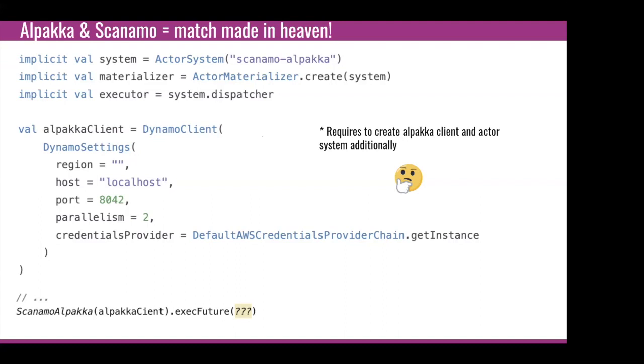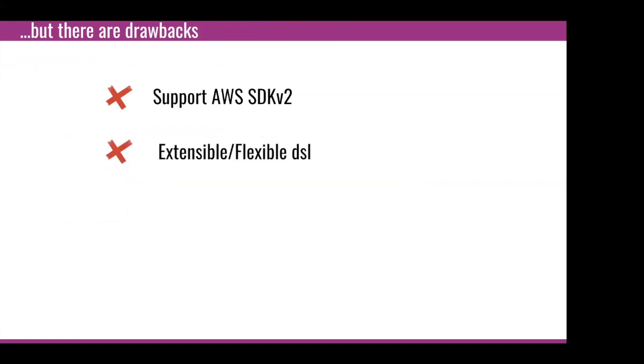And it seems like a match made in heaven, but there are drawbacks. First of all, Scanamo doesn't support AWS SDK second generation. It has a very strict DSL, so if you haven't found the operation you want to use, you need to create your own solution.